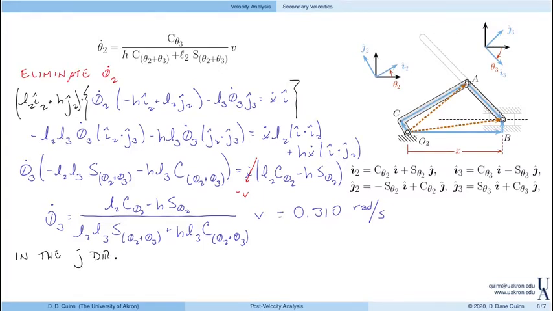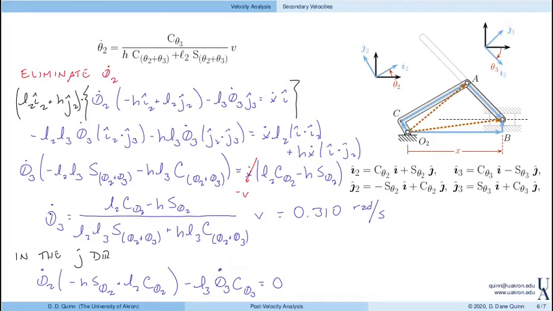So in the j direction, we would find that theta 2 dot times minus h sine of theta 2 plus L2 cosine minus L3 theta 3 dot times cosine equals 0.